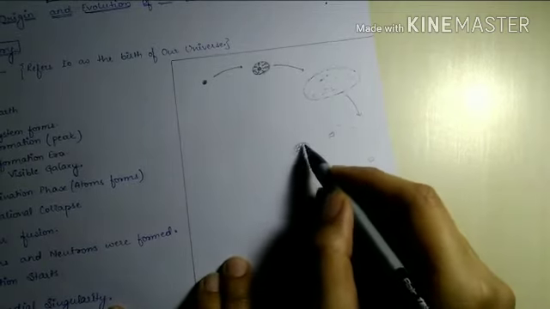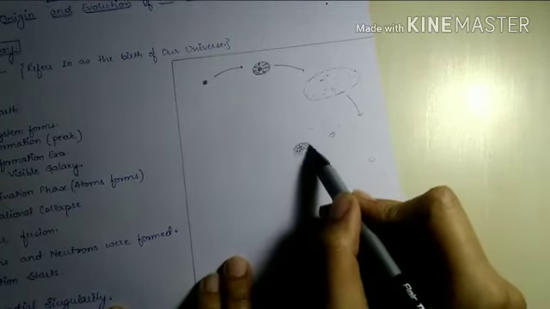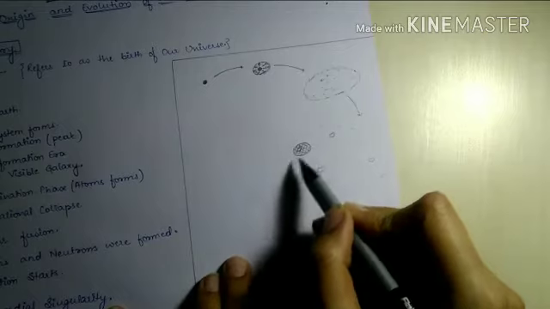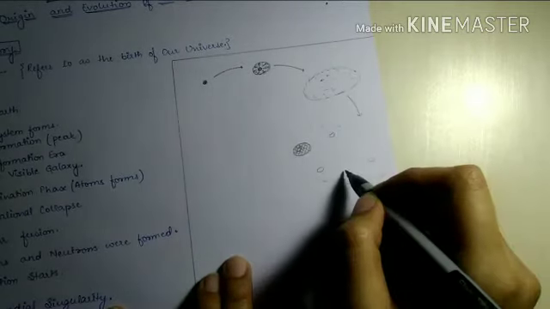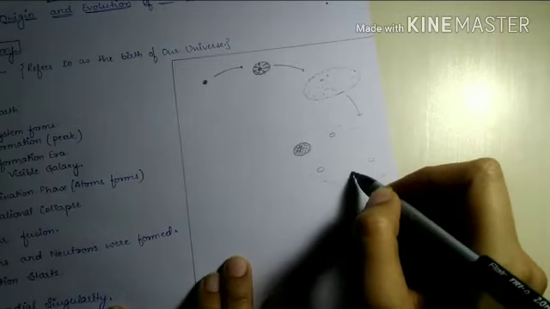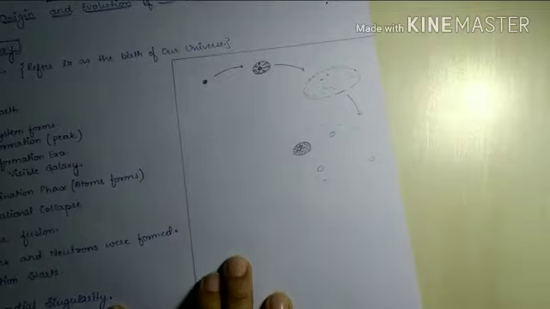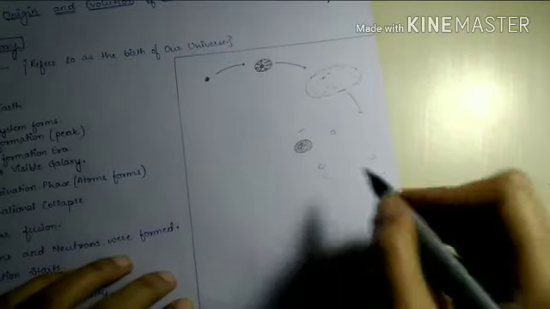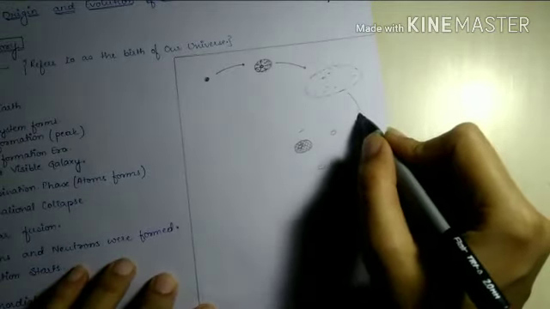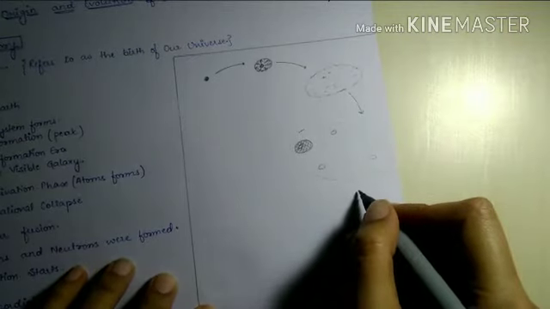Due to agglomeration of the matter present in the universe, these particles grow in size, forming gas clouds, stars, galaxies, and other astronomical bodies which are observed today. And this is how our present day universe is formed.